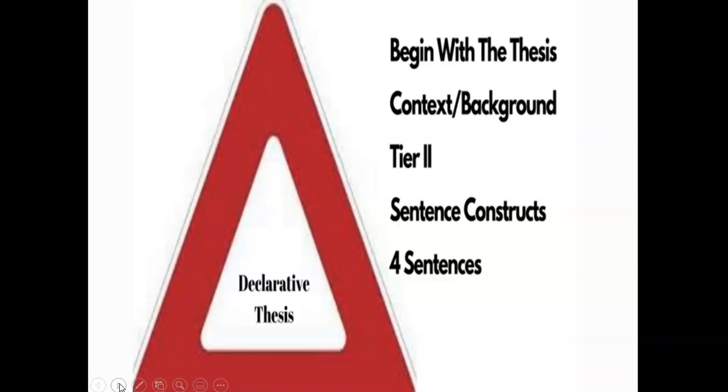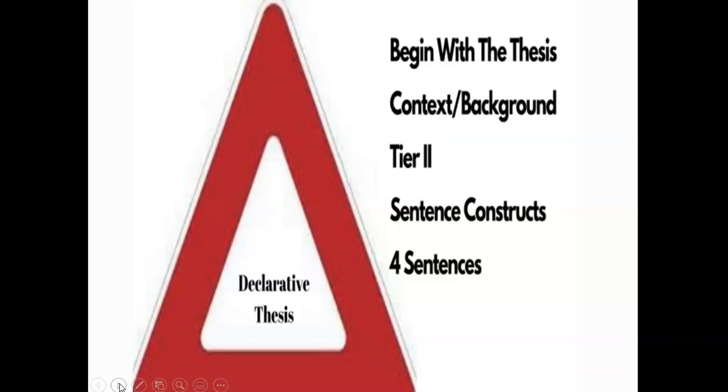Sentence constructs. This is a biggie. So many of you are familiar with my work and you know that I espouse what Strunk and White espouse, the idea or the theory that there's 12 different ways to construct a single sentence. So you should see my students wield a couple different sentence structures in order to achieve voice, rhythm, and flow. And the kicker, it's going to be 4 sentences long, no more, no less.